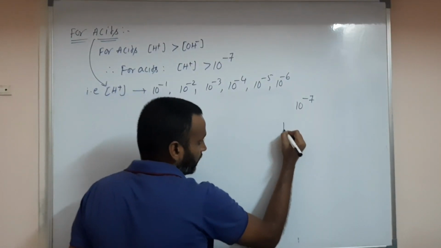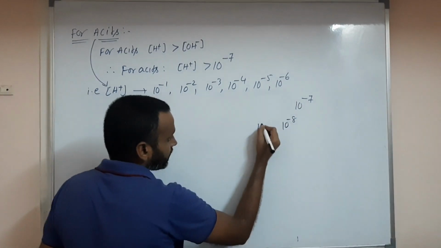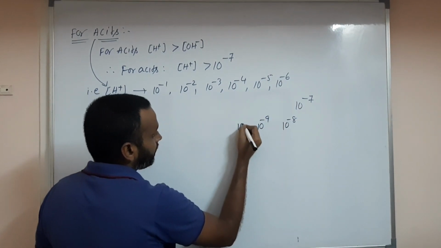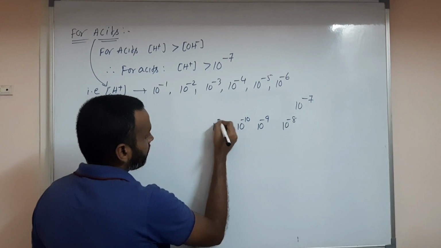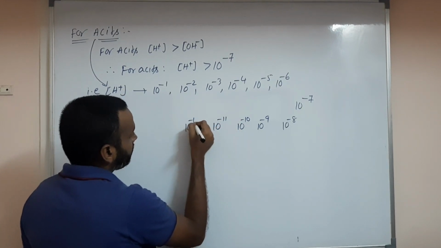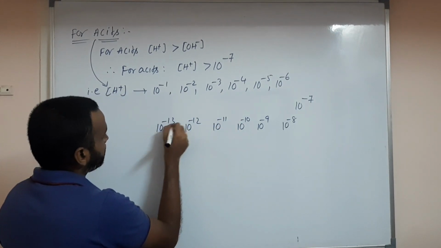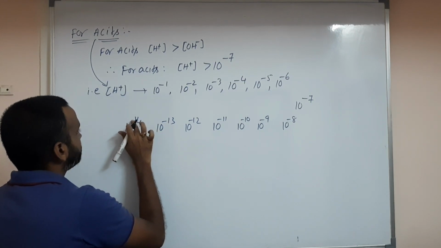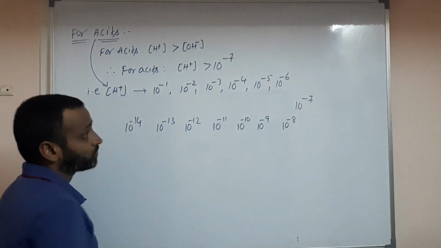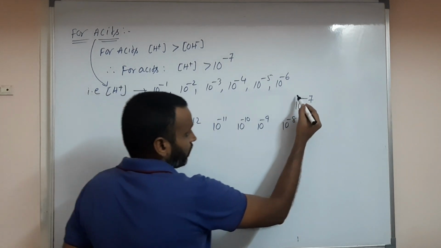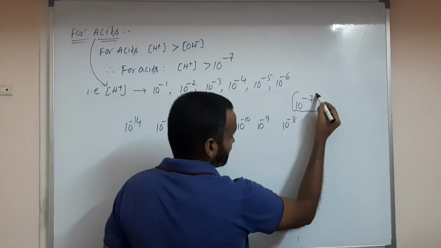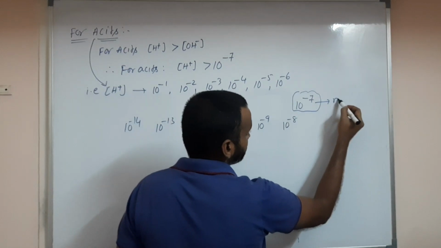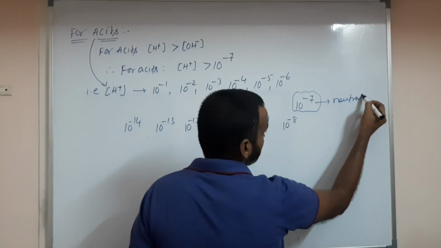Then 10 power minus 8, 10 power minus 9, 10 power minus 10, 10 power minus 11, 10 power minus 12, 10 power minus 13, and 10 power minus 14. If the concentration of H plus is exactly 10 power minus 7, the solution is neutral.